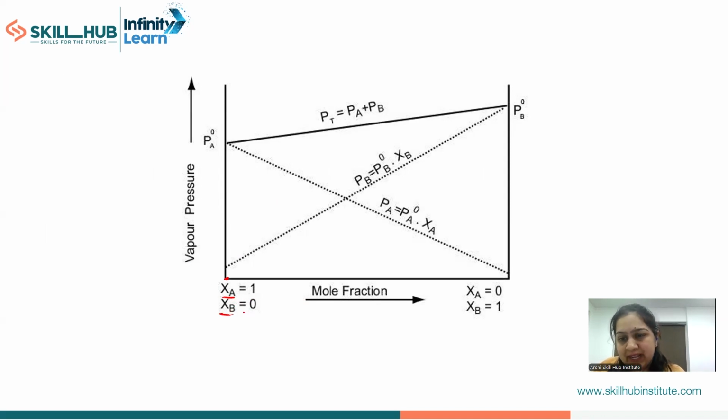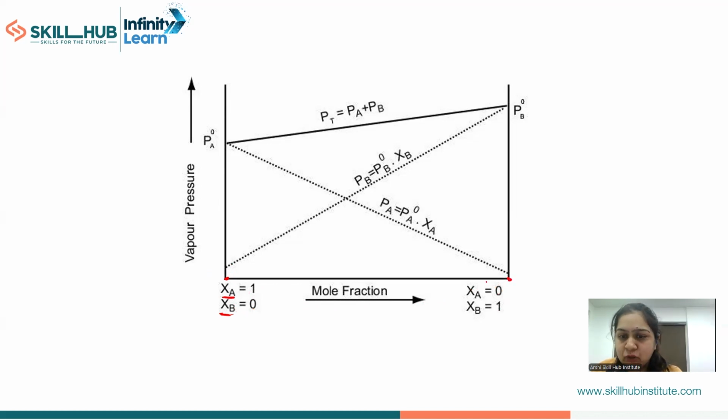Since it is pure liquid A, XA equals 1 and the value of XB is 0. As I move from this point to this point, it means that I am decreasing the concentration of component A and increasing the concentration of component B, such that up to this point there is no A and there is only pure liquid B.